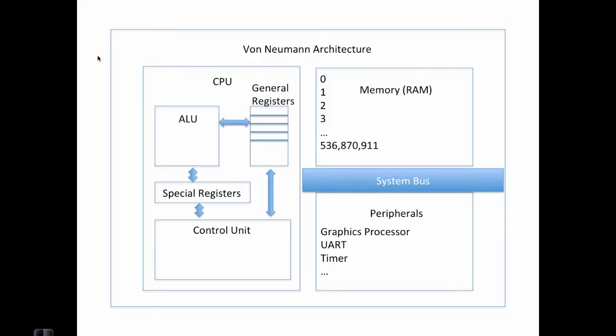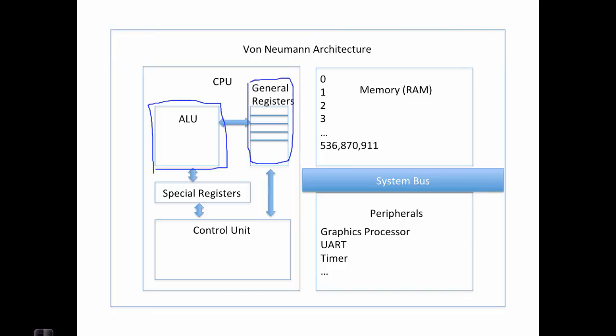The processor consists of several components. In the top left, we have the ALU, which stands for Arithmetic Logic Unit. The ALU takes care of any addition and subtraction or any bitwise ANDing and ORing types of operations. The ALU operates on general registers, as we see in the top right.